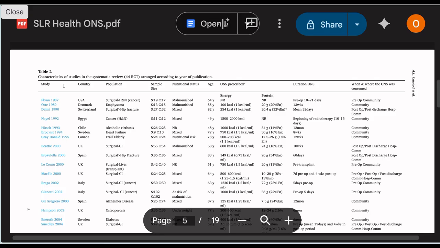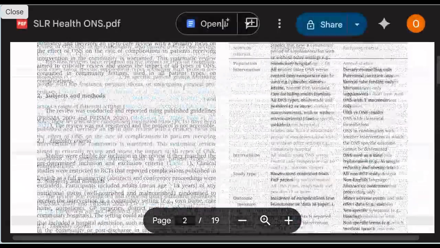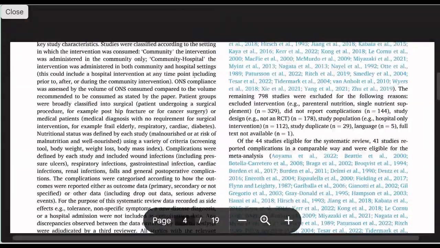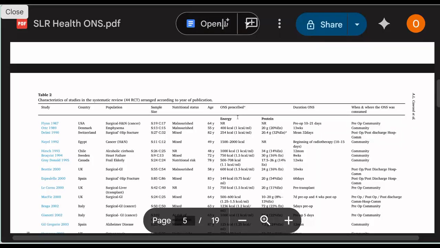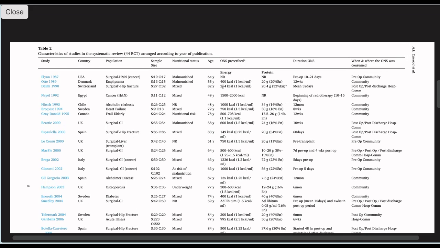Some of the data they extracted was the name of the author, the country, the population, the sample size, the nutritional status, the age, then the oral nutritional supplement, ONS, that was prescribed. These are the specifications.